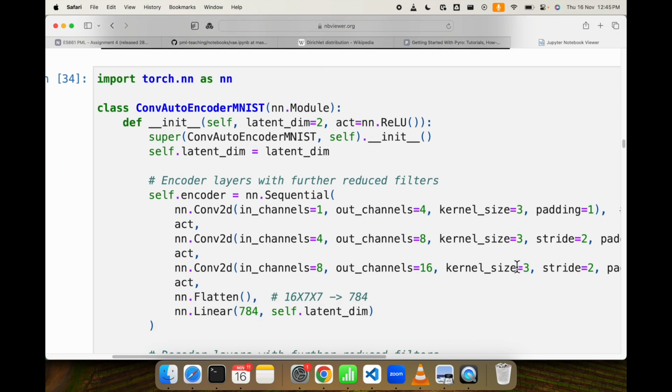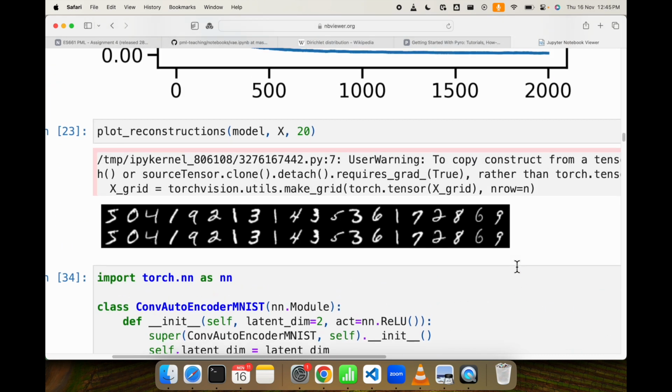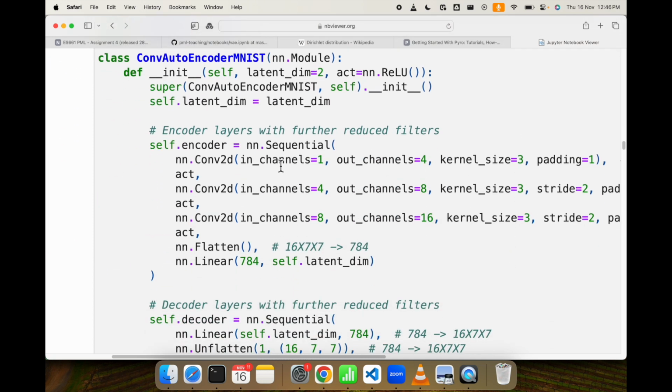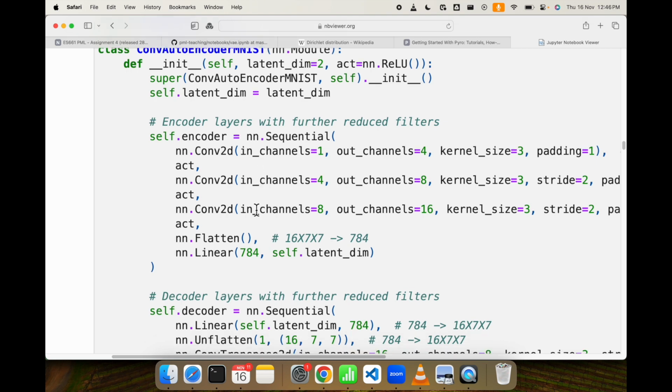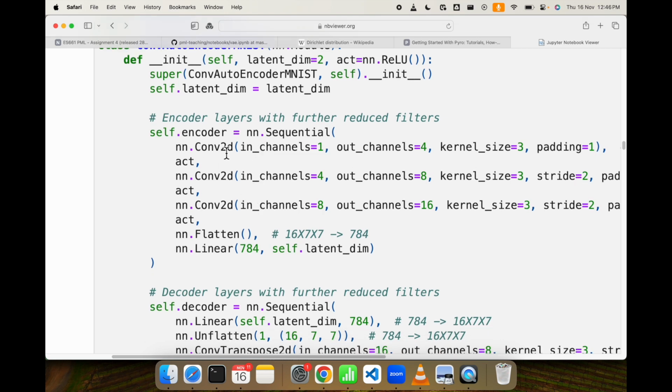Next, I am using a convolutional autoencoder, which should be doing better because previously the autoencoding was using MLPs, which do not really have a notion of understanding of locality about images, etc. So in an autoencoder, you have to carefully create the encoder and the decoder. My encoder is a bunch of convolution layers and activations.